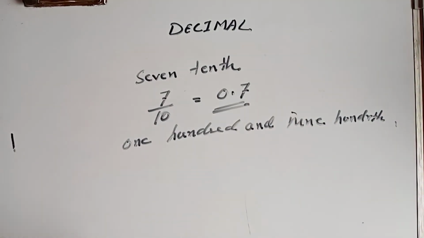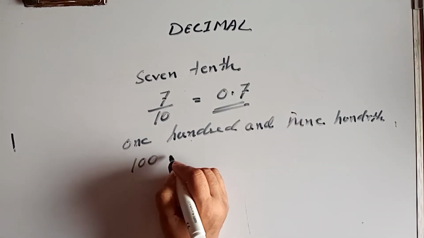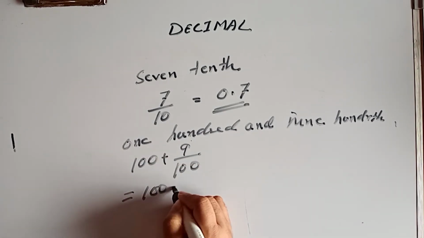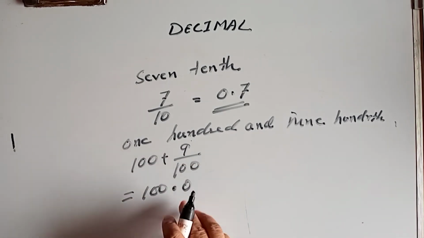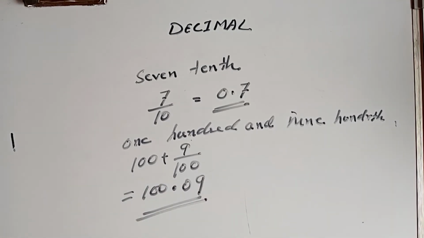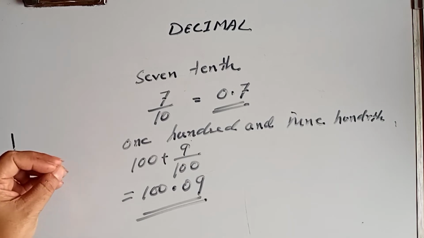Suppose you have to write this as 100 plus 900. So how will you write 100 point. Now 10 is not there, the first digit is not there, so you will put a 0 and then 9. This is the way to write the decimal number when it is given in words.